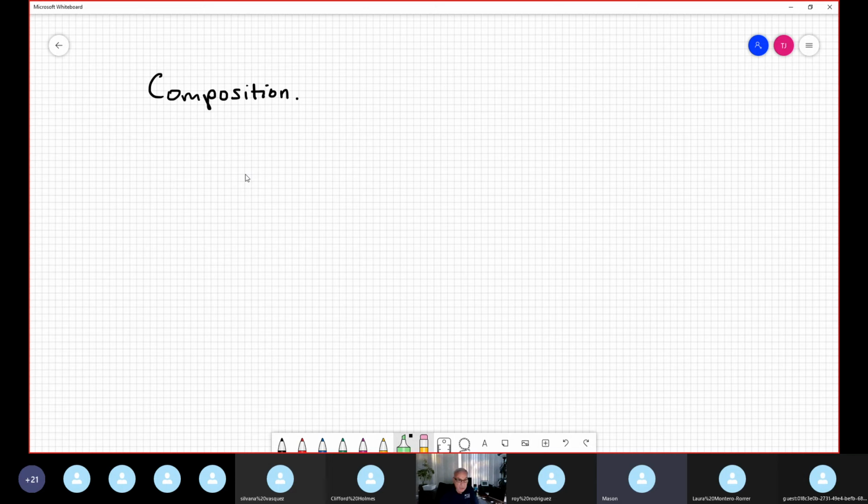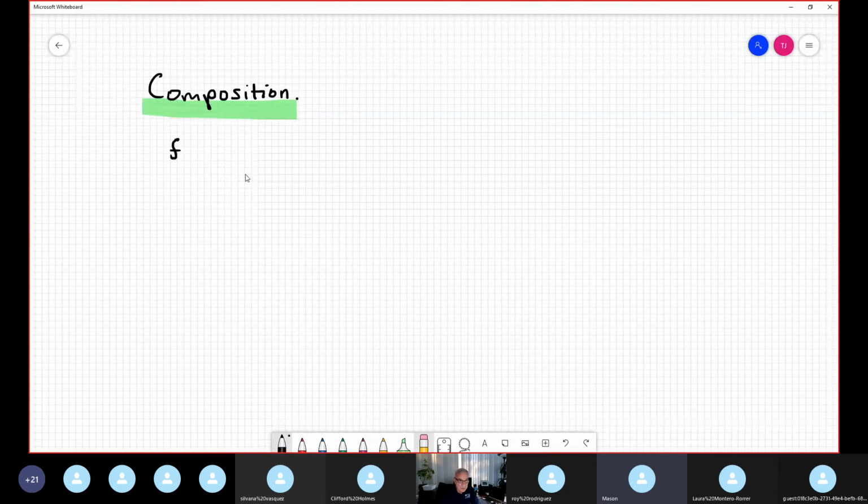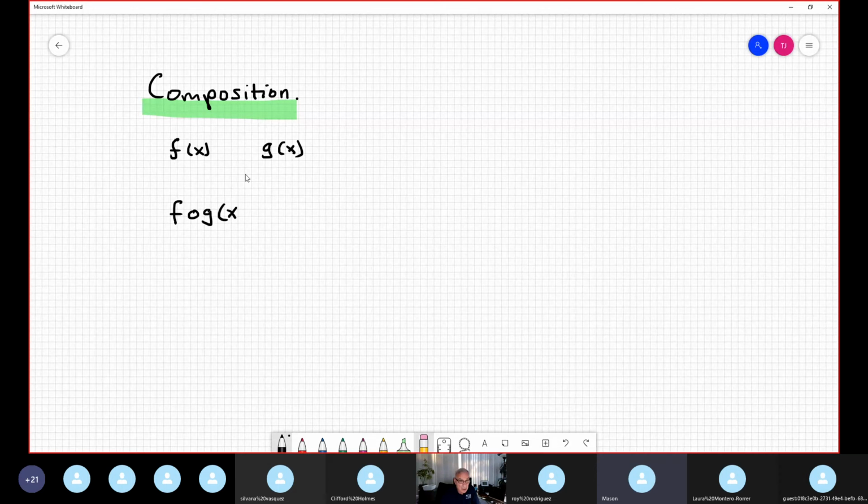What is the composition? You have two functions again. Suppose f of x and g of x. I want to perform composition. The notation that we are using, you need to be familiar with this: f composition g.